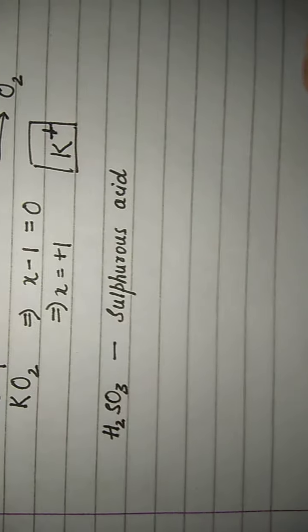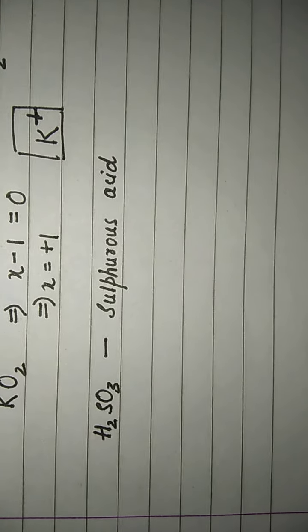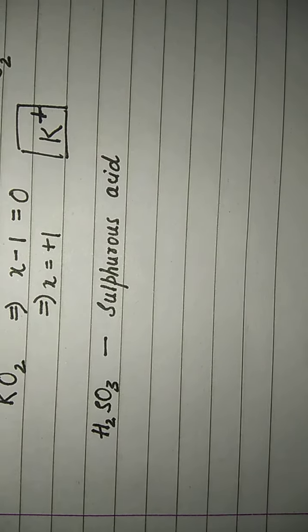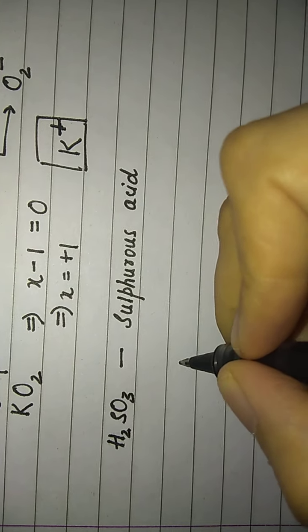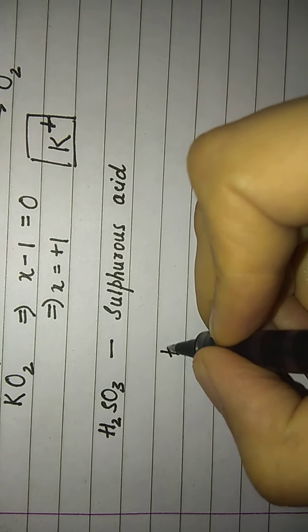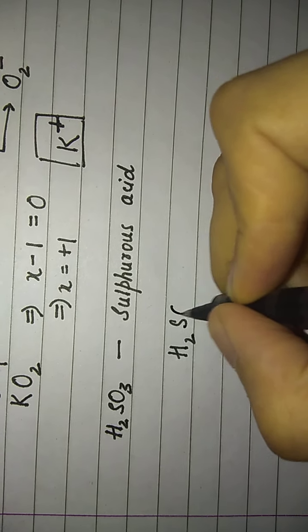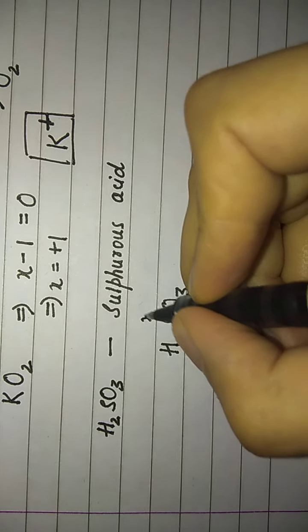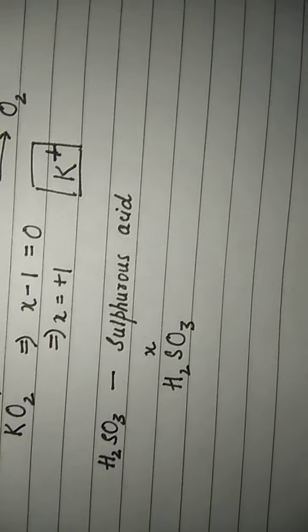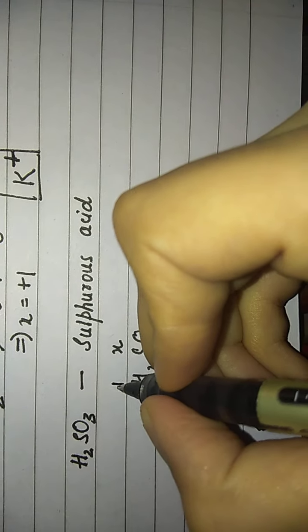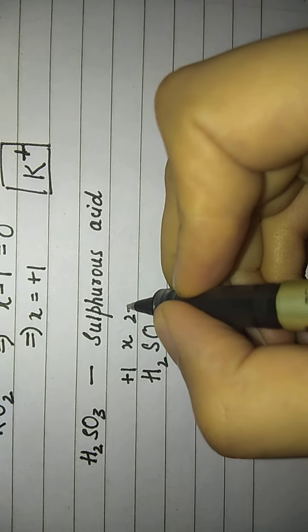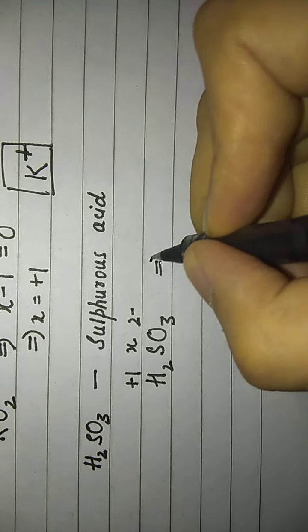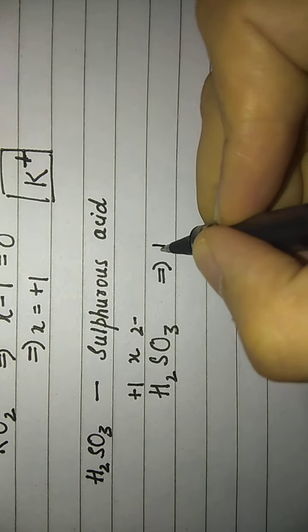Alright. Then we have sulfurous acid. Just like H2SO4 is called sulfuric acid, H2SO3 is called sulfurous acid. We had just calculated the oxidation state of sulfur in H2SO4. Now let us calculate it in H2SO3. So this is +1. You know hydrogen exhibits +1, oxygen exhibits -2. So my equation will be +1 into 2 will be +2.